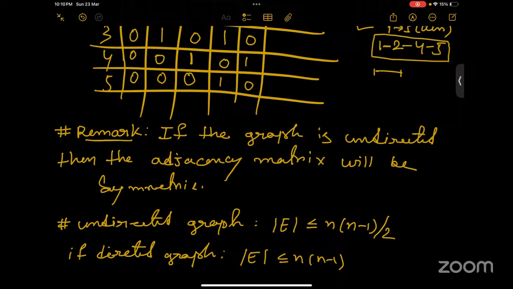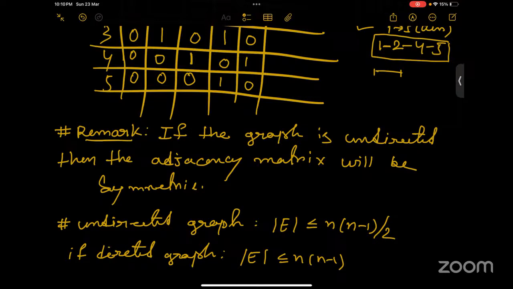No. This is a case of a directed graph. Even if you have a few directed and a few undirected, this is a case of a directed graph. What I'm saying is, if it's completely directed, then it will be n into n minus 1. If it is completely undirected, then it will be n into n minus 1 by 2. But if there is a hybrid model, then neither applies.